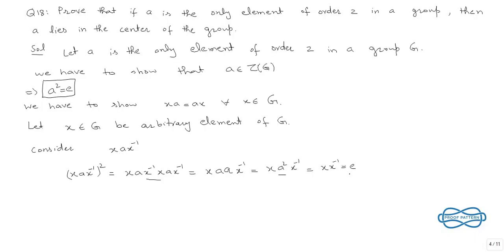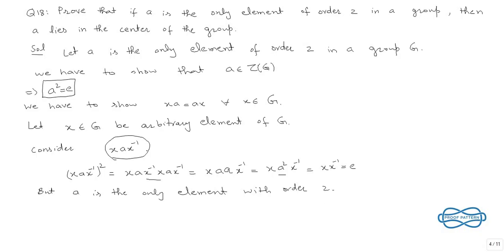So we have found another element which is non-identity, that is, this one has order 2, but we know that A is the only element with order 2.